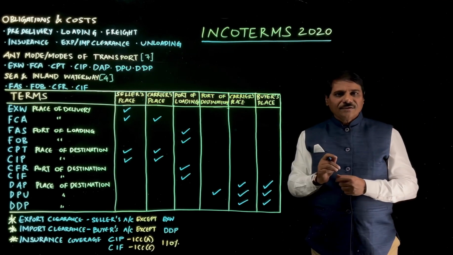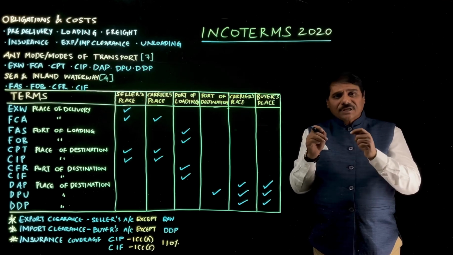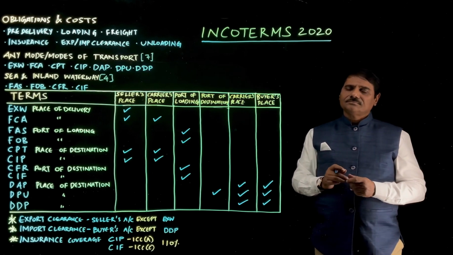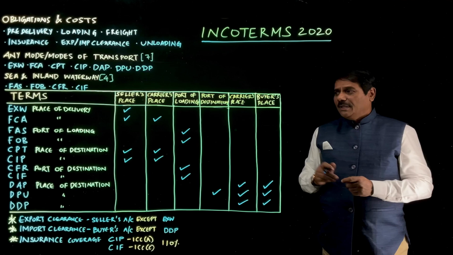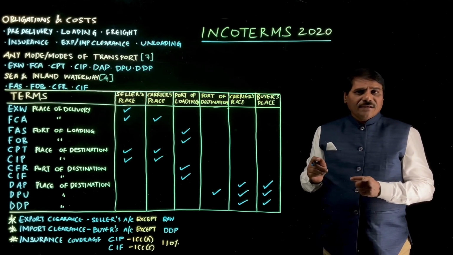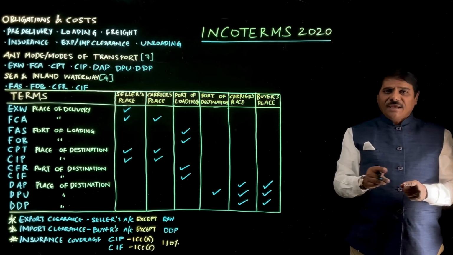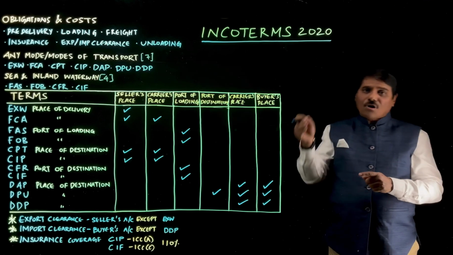In this case, the seller is responsible to load the goods on board the ship. In FAS, the seller is responsible to keep the stock alongside the ship. In case of FOB, the seller is responsible to load the goods on board the ship.